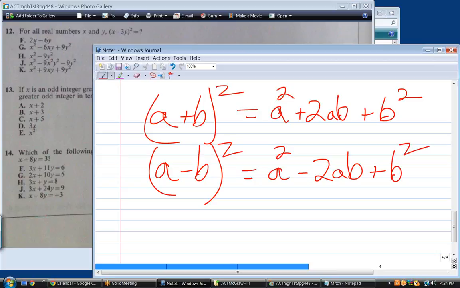Okay? So if you have these memorized, and like I said, you should, merely because this is an exercise you have to do so frequently. So what does this become when I square x minus 3y? It would be x squared. What's 2 times x times the 3y?